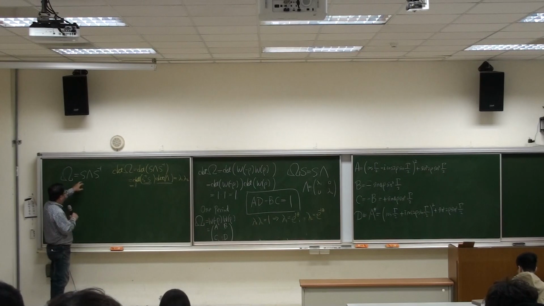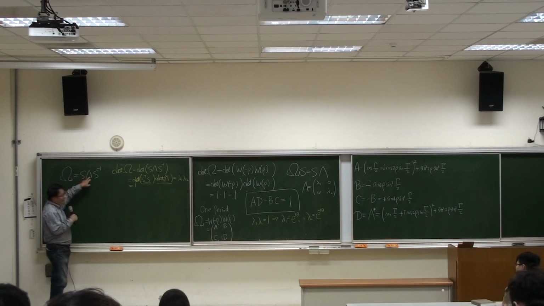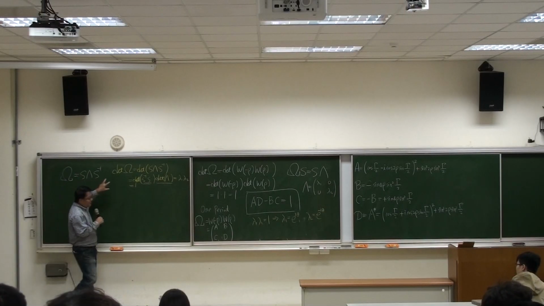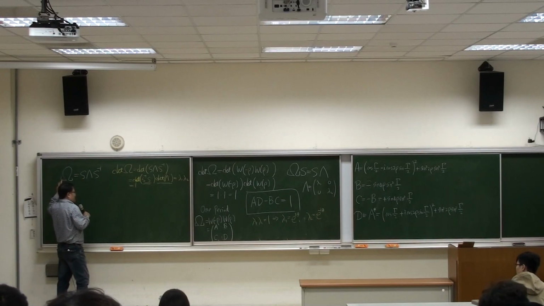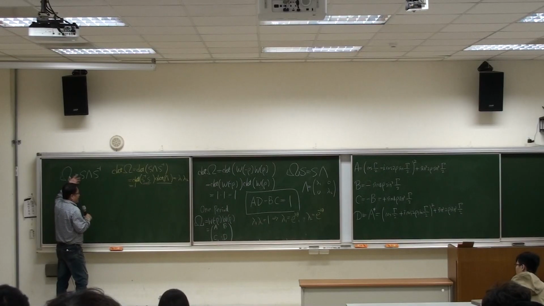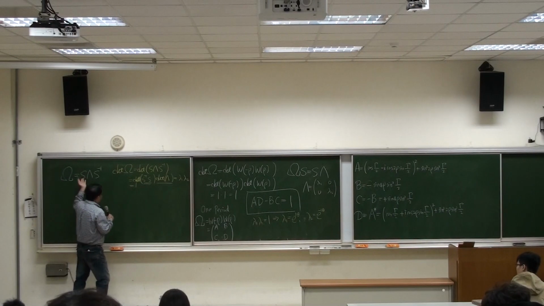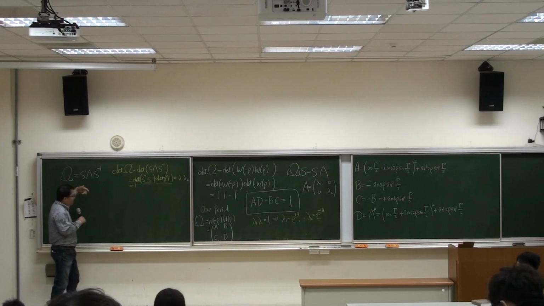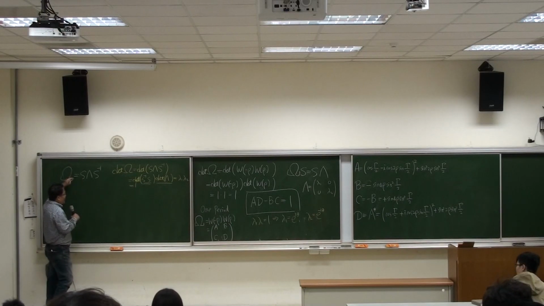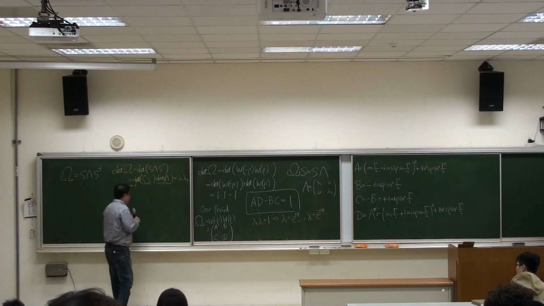For omega and lambda, these two matrices are similar. They can be transformed from one to the other by using the similarity transformation.